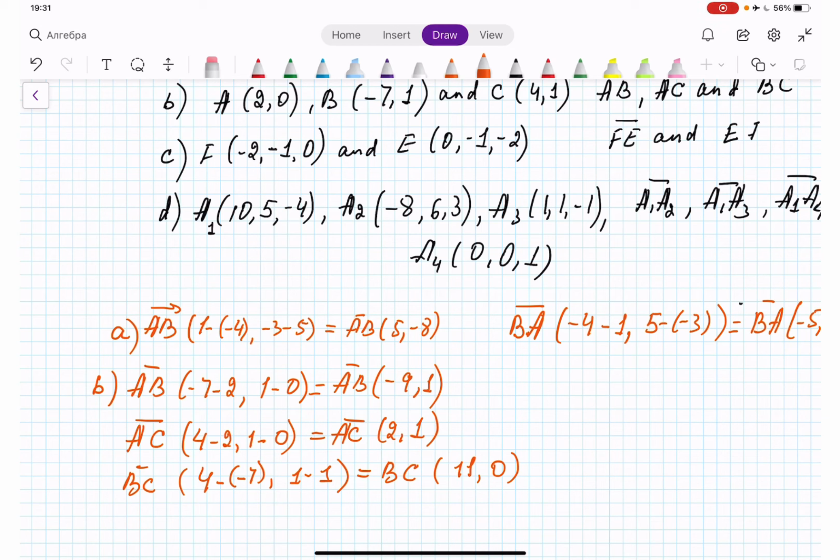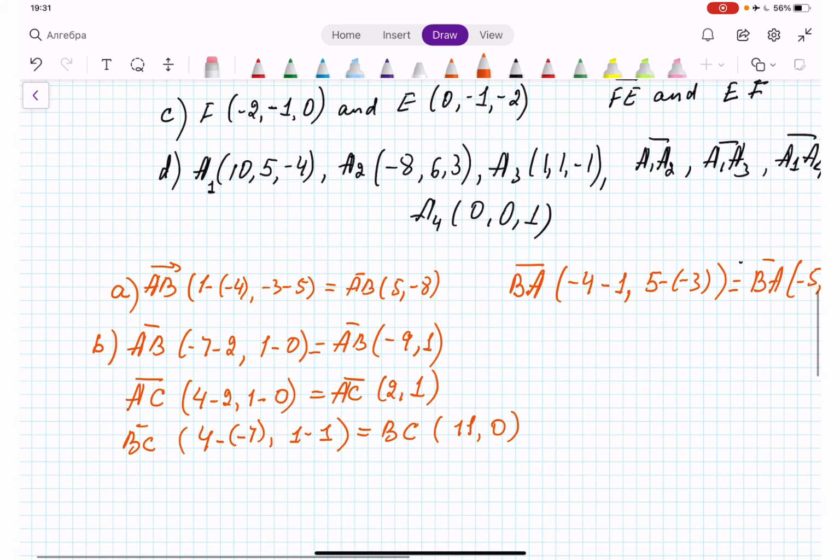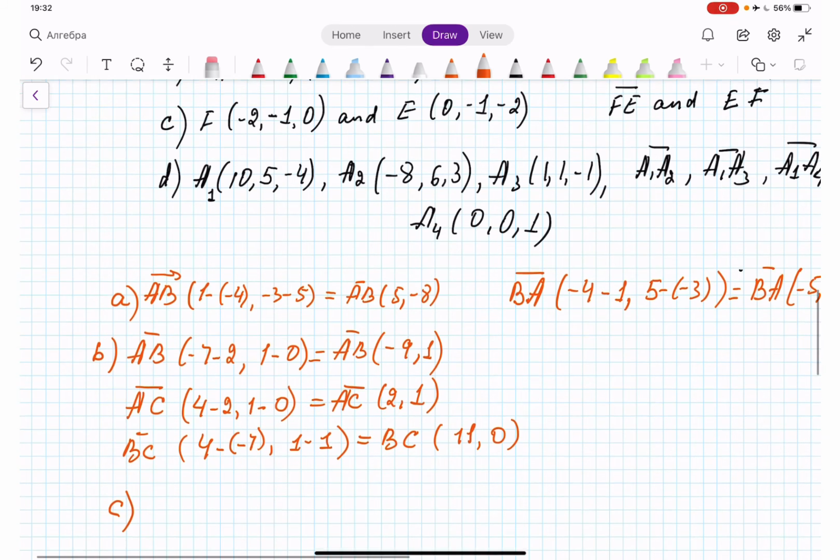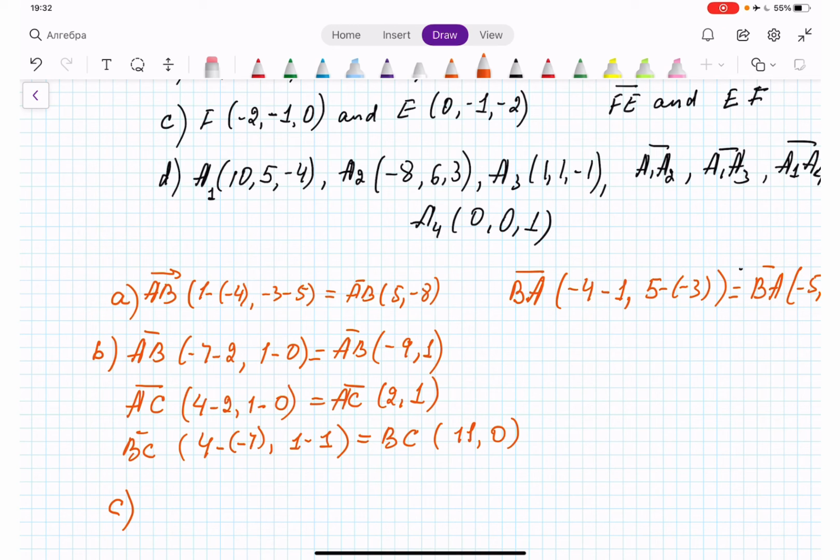Moving to solve C, let me write it down here so we can see these coordinates. For FE, we take the coordinates of E, 0, negative 1, and negative 2, minus the coordinates of F, negative 2, negative 1, and 0.